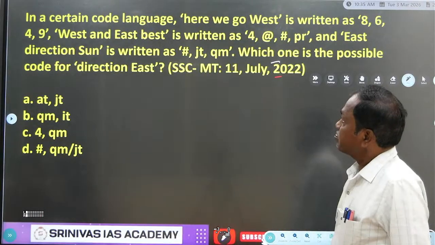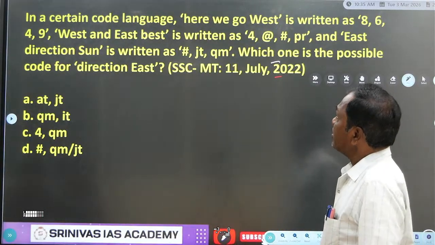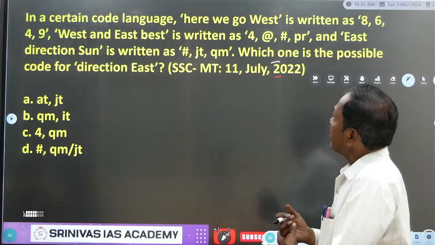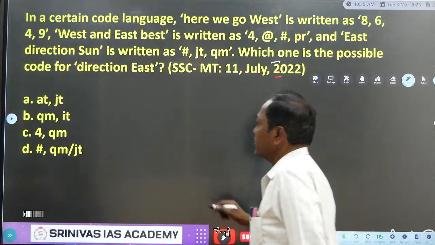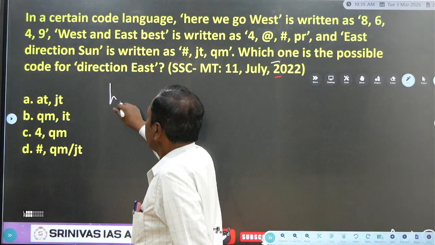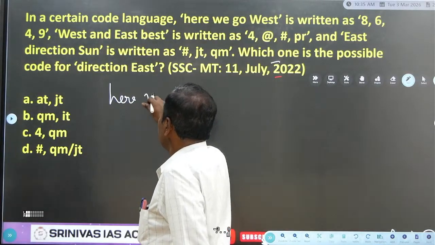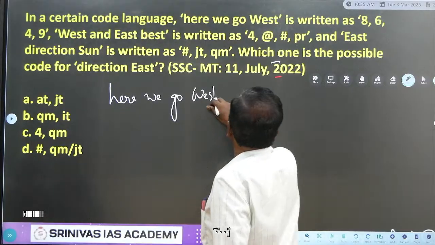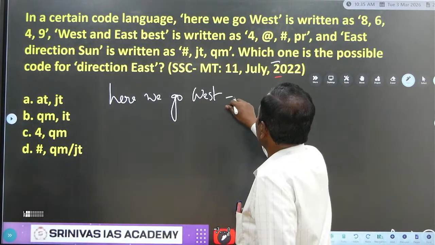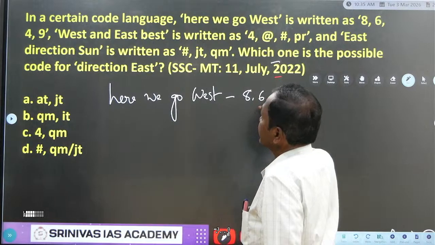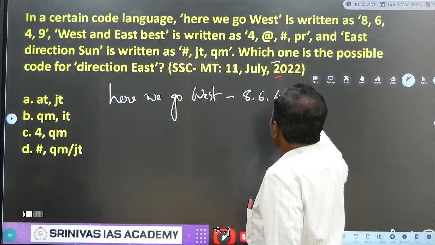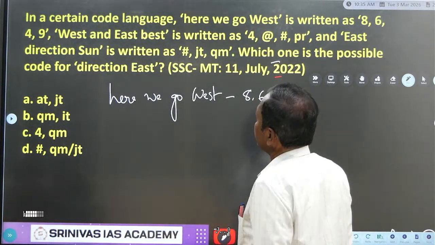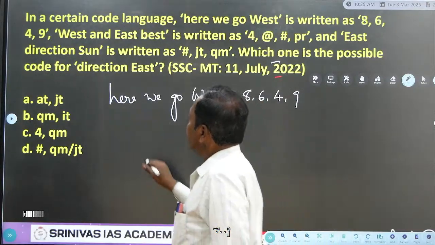Right, next one. In a certain code language, west is written as 8649.